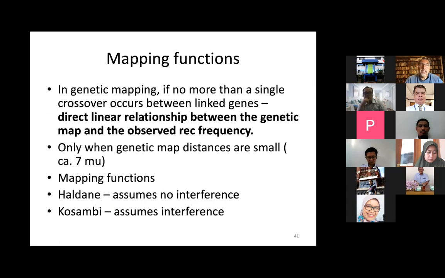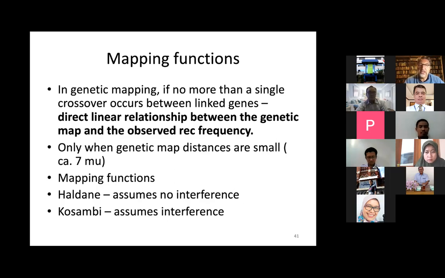So if no more than a single crossover occurs between linked genes, there is a direct linear relationship between the genetic map and the observed recombination frequency. If you don't have double crossovers, you don't have a deviation from a linear relationship between recombination frequency and crossing over frequency.